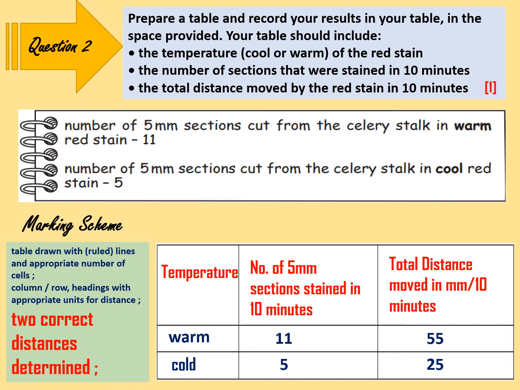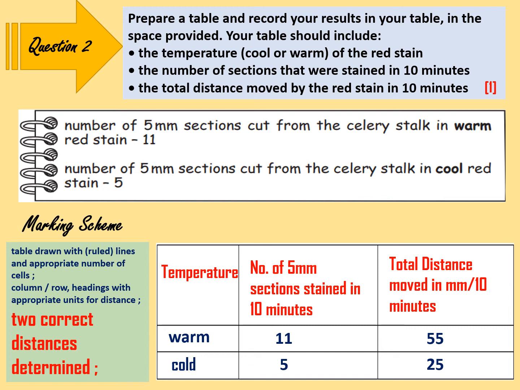When putting the values in the table, you are supposed to be careful not to put two values in one box, and number two, not to put any unit into the box. Otherwise, this will be considered a deduction of marks. Your unit should be present in the heading, and the heading should have the proper unit.